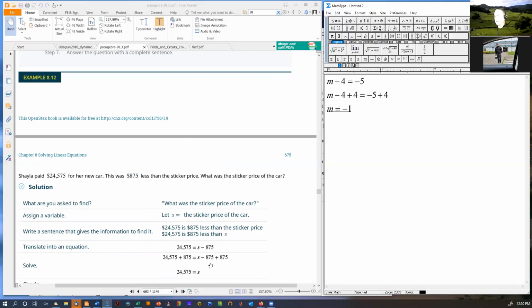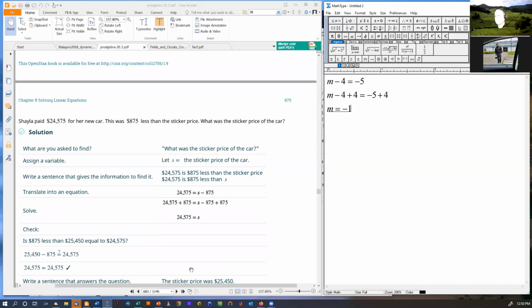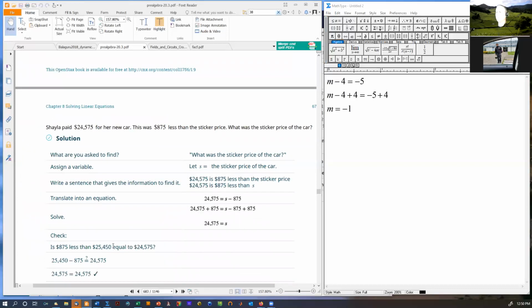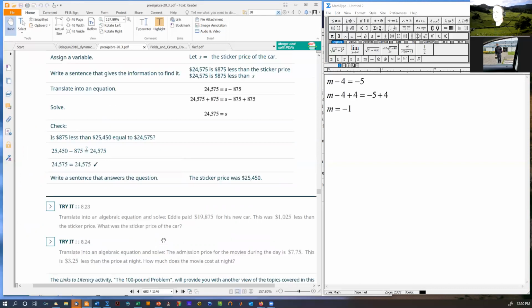And what you get is that the sticker price is equal to 24,575 plus 875. They didn't do this addition right, but they've got it here, 25,450, which is 24,575 plus 875. So they didn't do the addition right, okay.